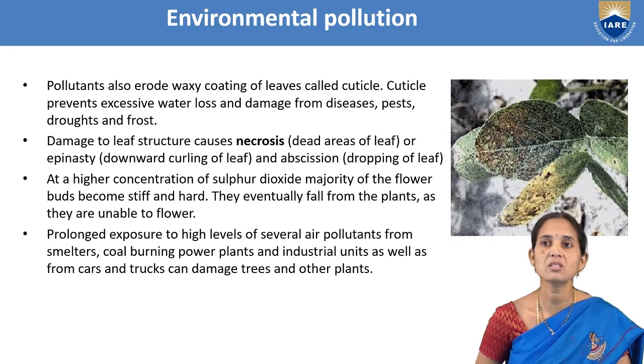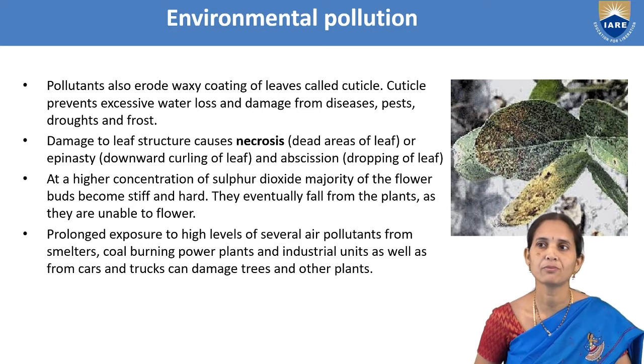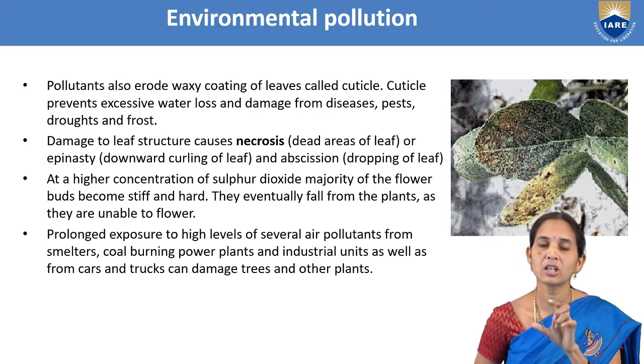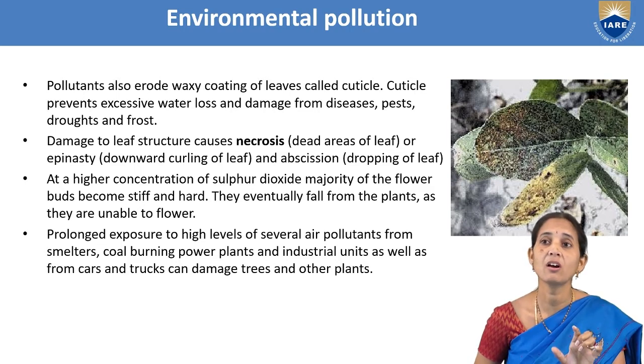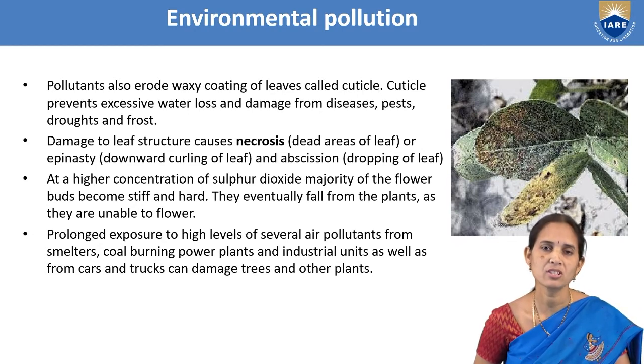Necrosis means dead area of the leaf, or epinasty. Epinasty means downward curling of a leaf. So we can see in the diagram the leaf that is curling. And abscission. Abscission means dropping of the leaf. Finally, the dropping of the leaf is taking place.